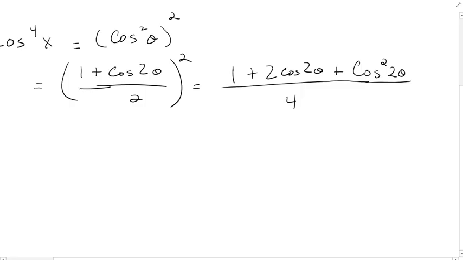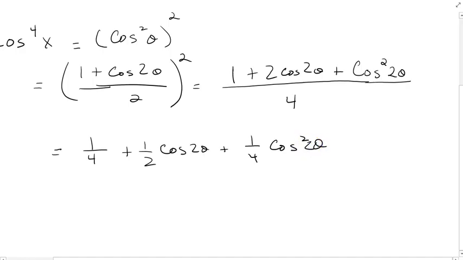All right, so my issue here is I still have something with a square, but before I do that, I kind of want to simplify this down just a little bit, and I'm going to turn that into 1/4, right? 1 over 4, 2 over 4 becomes 1/2 cosine 2 theta plus 1/4 cosine squared 2 theta.